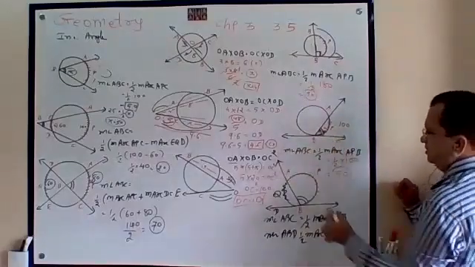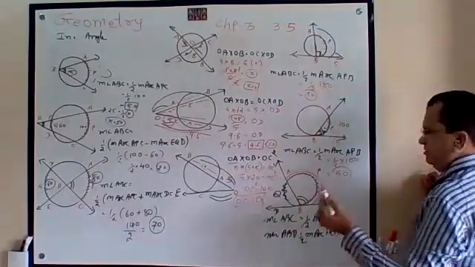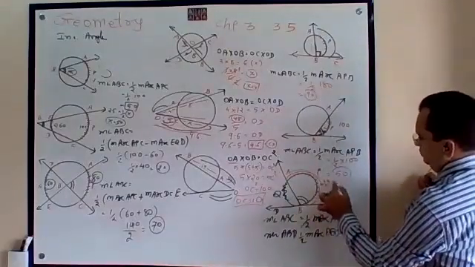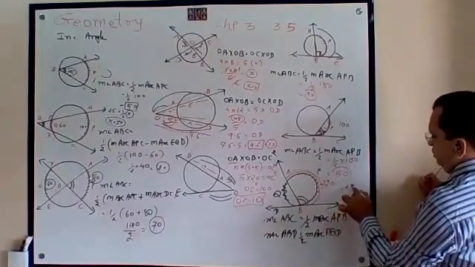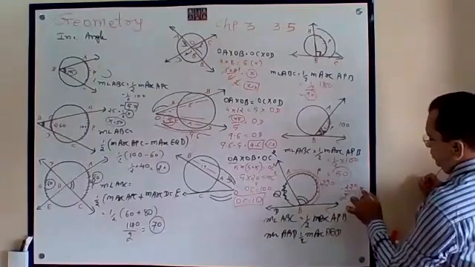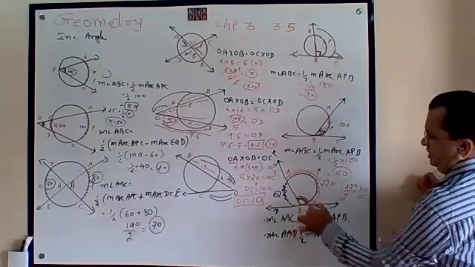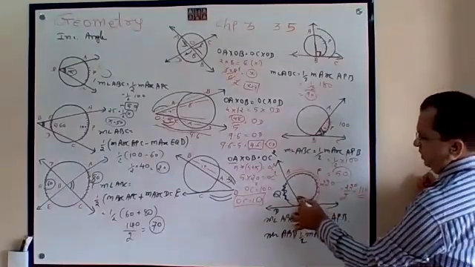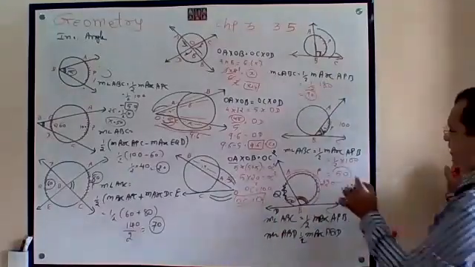This is 50 degrees, your ABC. And now this is more than 180. Suppose 220. So 220 divided by 2, this is 110. This angle is more than 90. And suppose this is 110, so automatically this is 70 because it is supplementary.